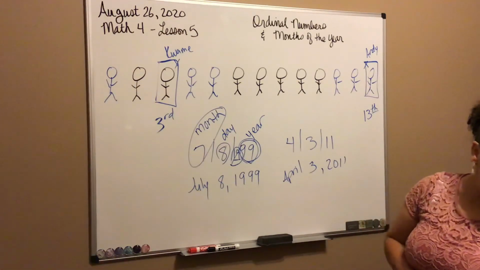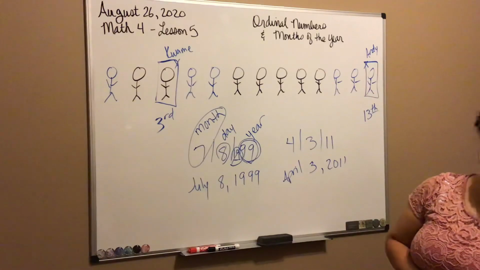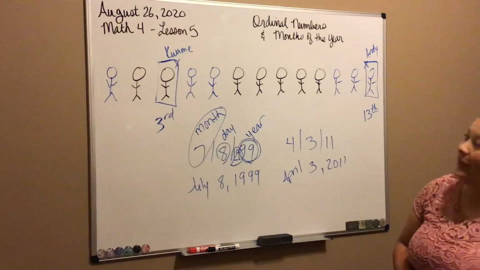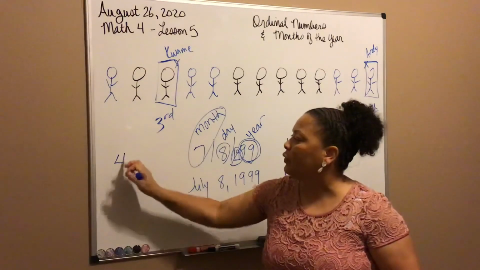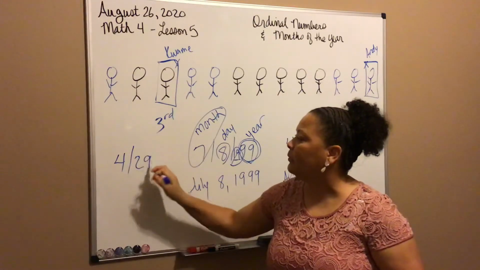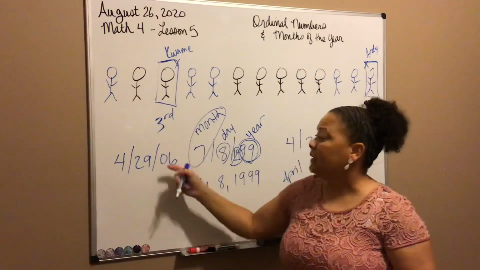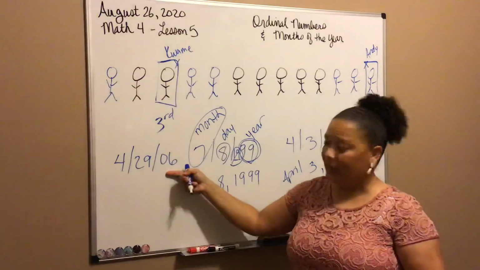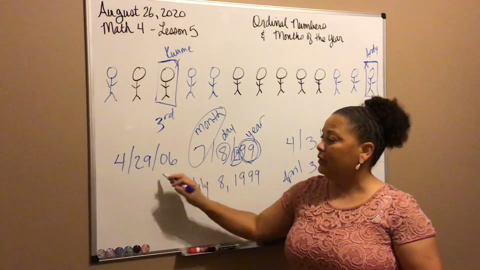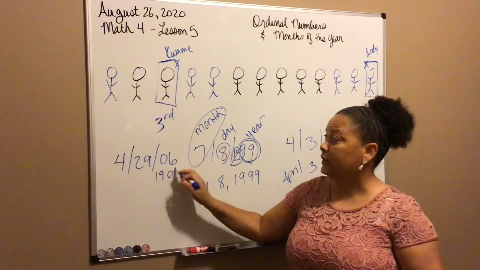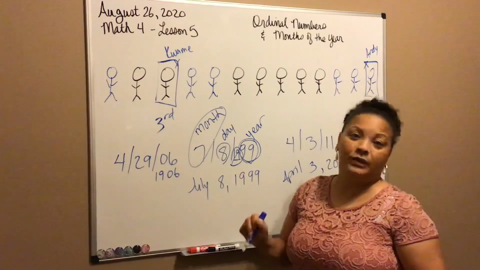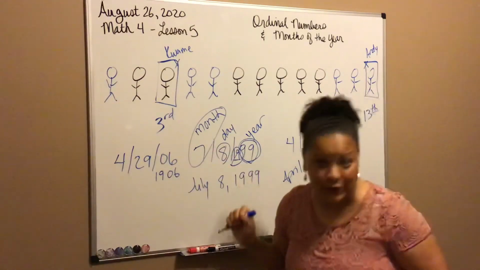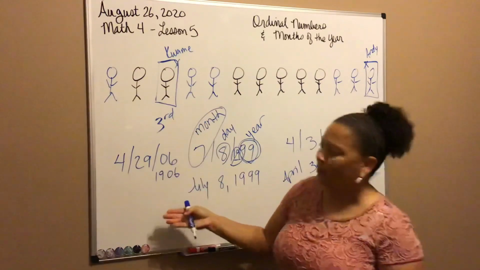Example 4 says, Mr. Chitsy's driver's license expired on 4/29 of 06. Here we have a low number, okay? And so we know that it's not going to be 1906. I don't think Mr. Chitsey should be having a driver's license if it was 1906, right?